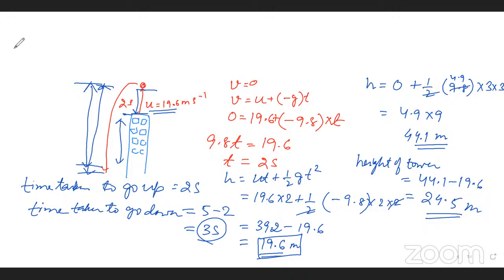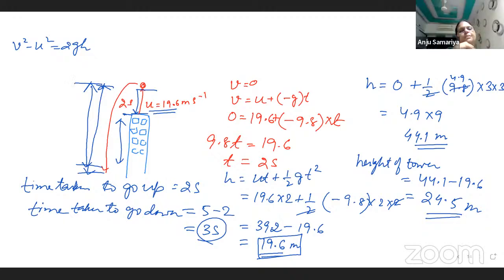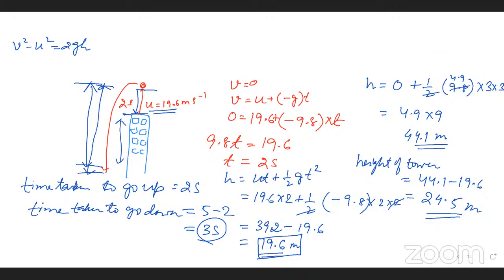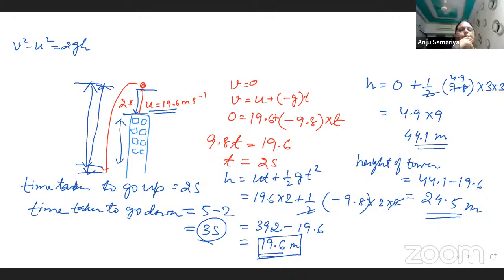And to find out the height of the tower, I used s is equal to ut plus half gt square. You used this and then substituted, right? Yes, ma'am. So it is the same thing, because otherwise you cannot do.